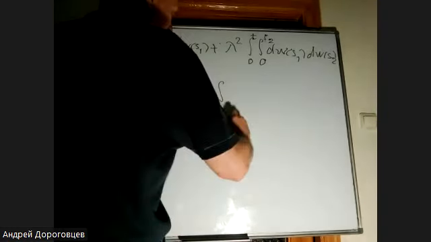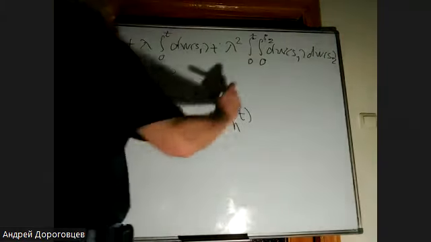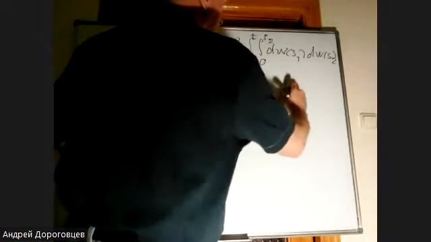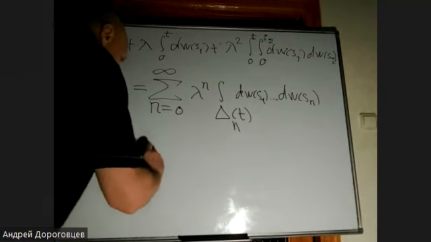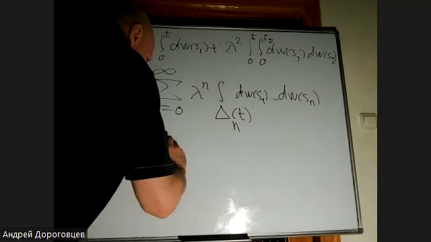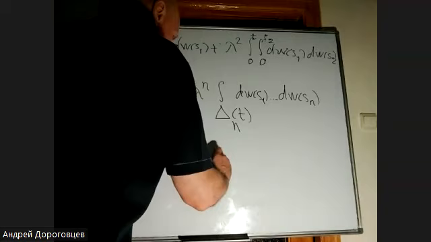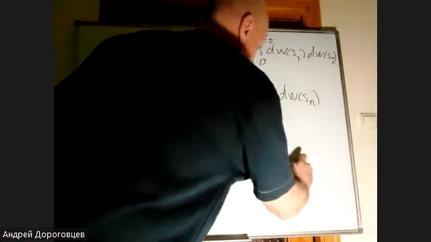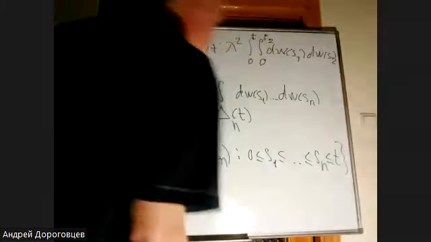I will write it with this simple notation, I will explain what it is. dW S1, dW Sn. Here I use the notation delta n t for a simplex, so this is a set of points S1, Sn, such that 0 is less than S1, and so on, Sn less or equal to t.